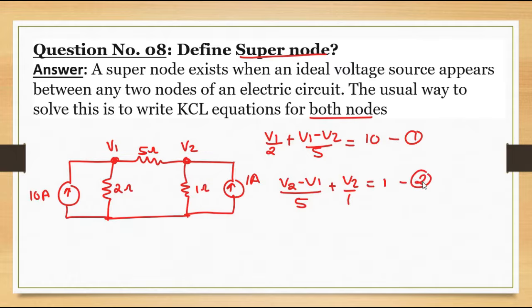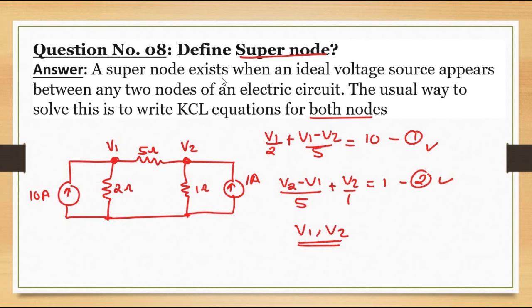This will be your equation number 2. By solving equations 1 and 2, you can get the values of V1 and V2 easily. But this is not the case of a supernode. Now what exactly does supernode mean?